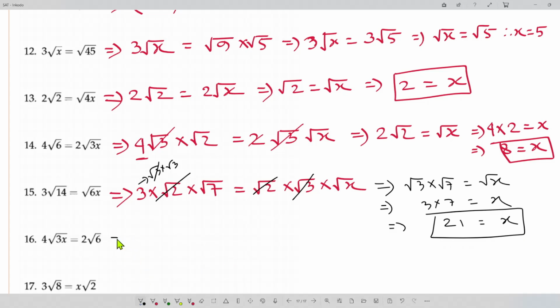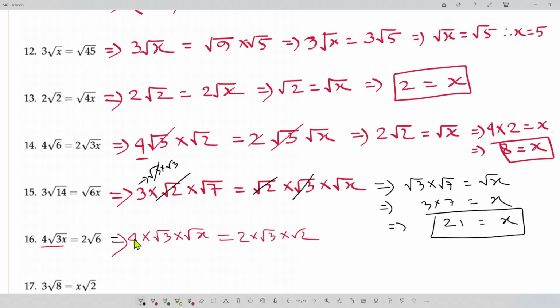Number 16. 4 root 3x equals 2 root 6. So first, 4 times root 3 times root x equals, here is 2, and this root 6 we can write as root 3 times root 2, right? So here what can we divide?